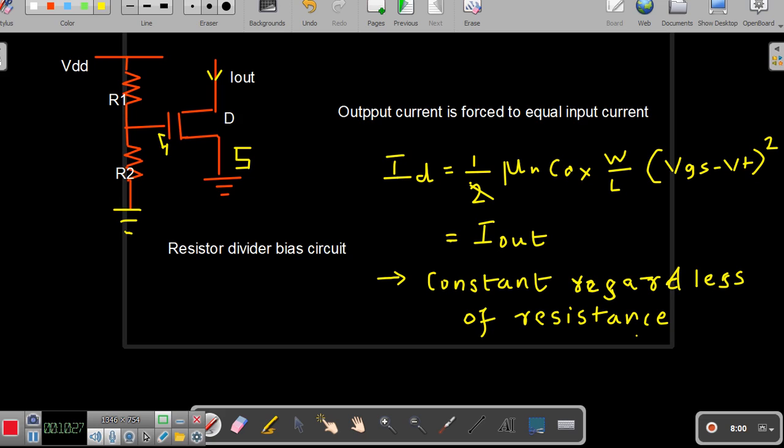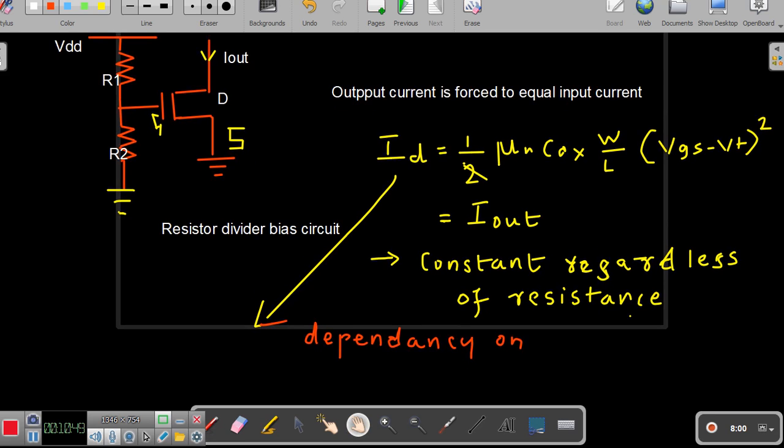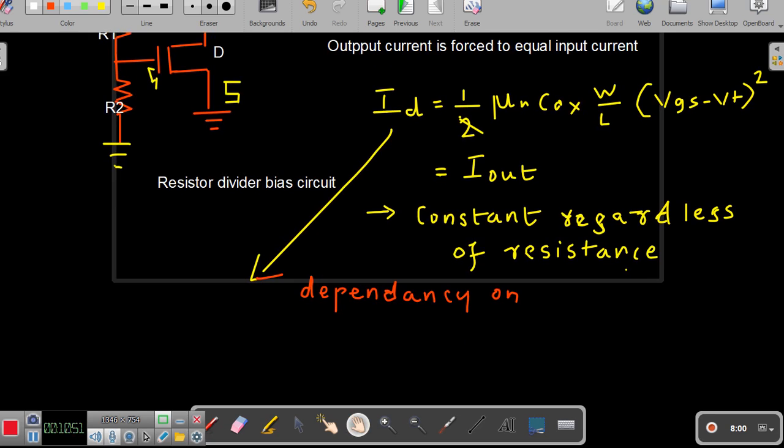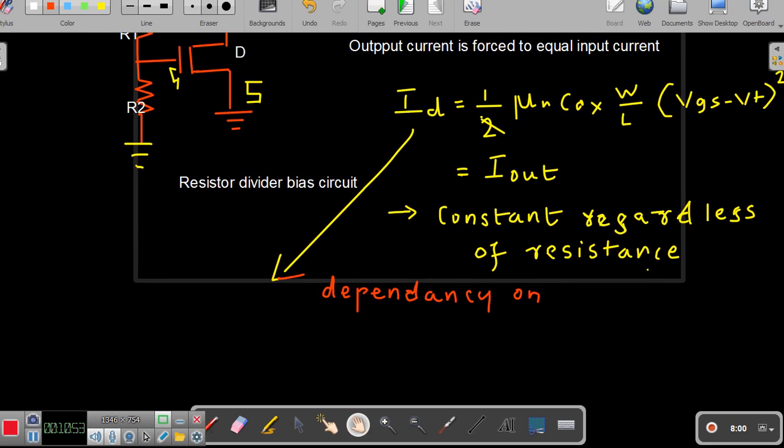This particular expression indicates the dependency on three basic parameters. I will tell you what those are. The first one is the supply. It is dependent on the supply.